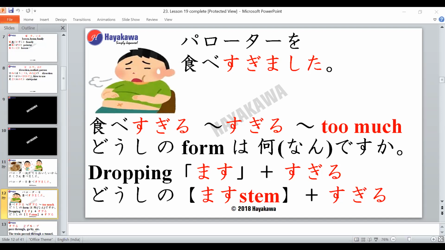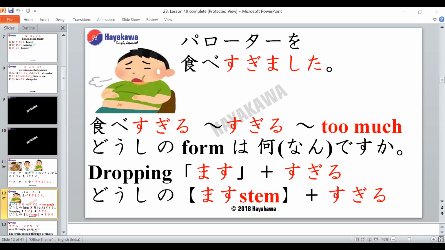So doushi no katachi wa nan desu ka? What is the verb form over here? Anybody? We have tabesugiru, right?